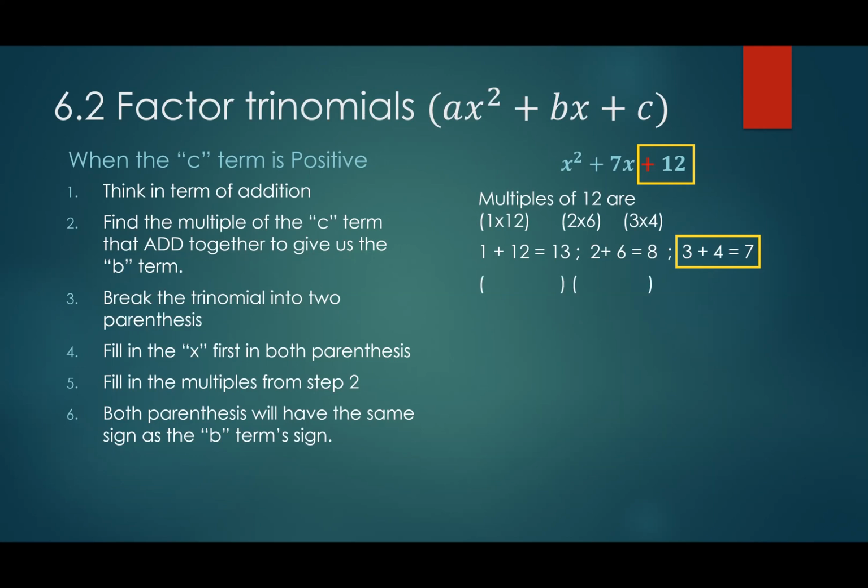All we need to do is break it into two parentheses, put the x first, fill in your multiple, and fill in your sign. Whatever the sign of the middle term is will be the sign of both parentheses, because a positive 4 times a positive 3 gives me a positive 12, and a positive 4 plus a positive 3 gives me a positive 7.